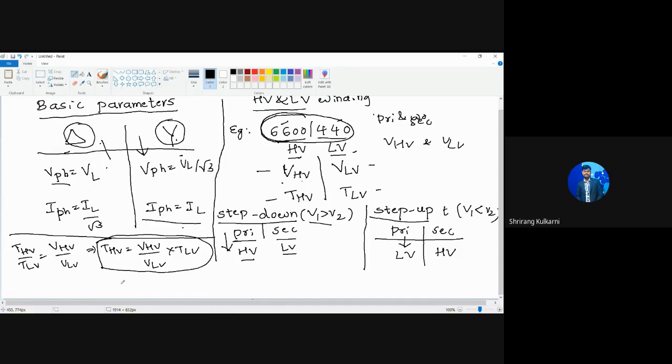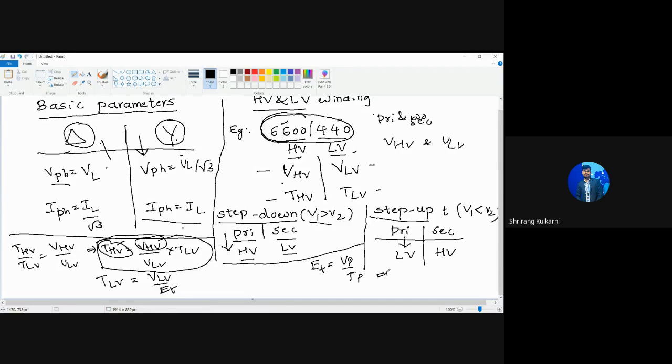Then how to calculate TLV? If I don't know the VHV value and I don't know the THV value, then how to calculate this TLV? We can calculate it if EMF per turn is available. While solving the output equation, we got that EMF per turn is equal to VP by TP.